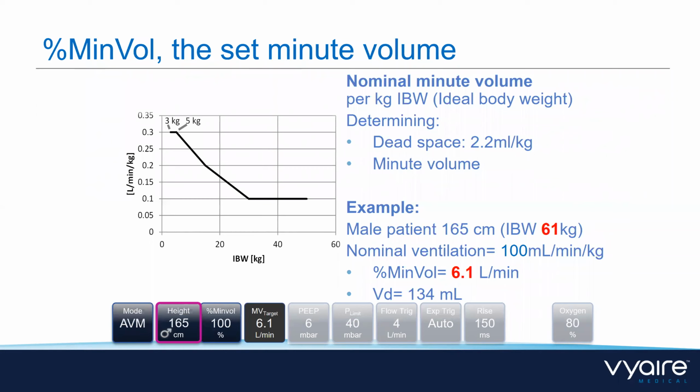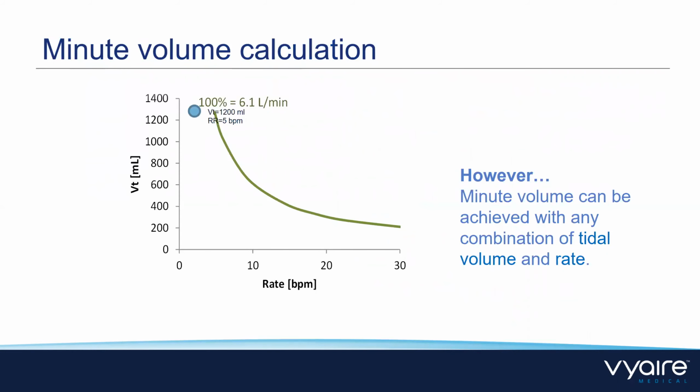So now we have determined for this very patient the minute volume, and we're talking about 6.1 liters. So going here, you see that this could be achieved with 5 breaths of 1200 milliliters, which doesn't sound very reasonable.